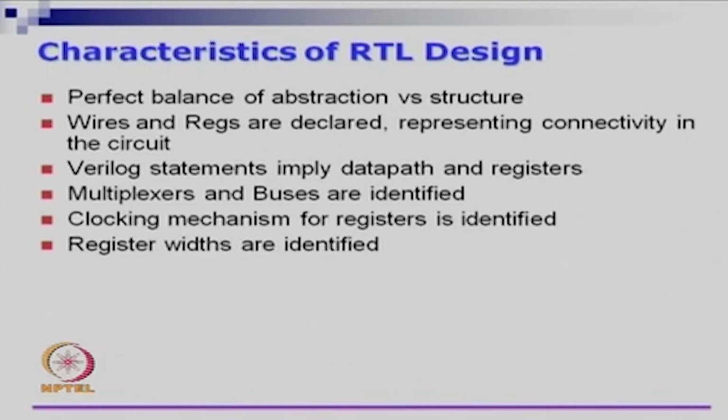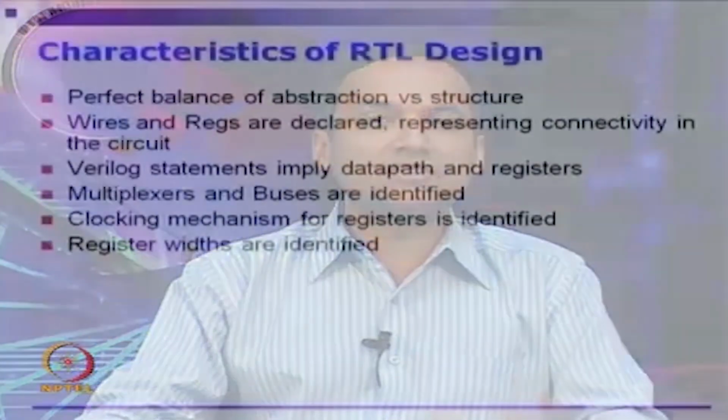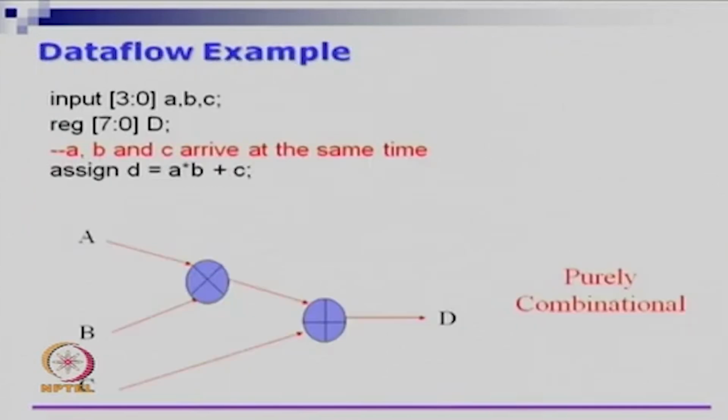In the GCD problem we said we will look at GCD of 8 bit numbers. The implication of that is the multiplexer, the subtractor, the comparator, all of them were supposed to be 8 bits. Once you identify the structure, we need to put those parameters in and take it all the way down. These are the chief characteristics of RTL design.